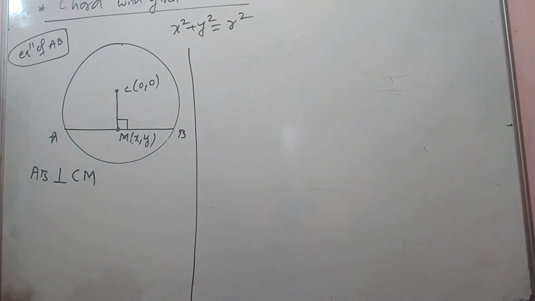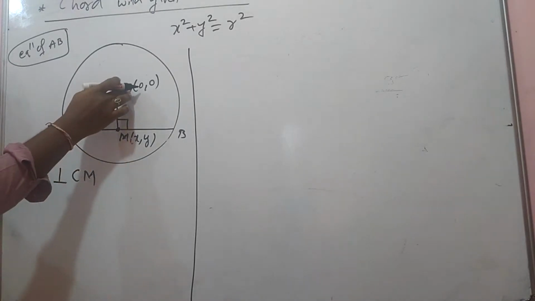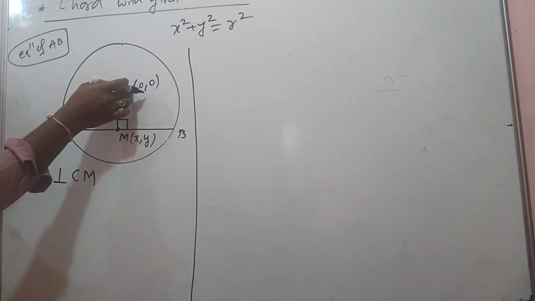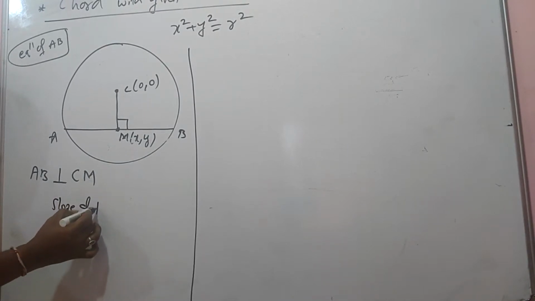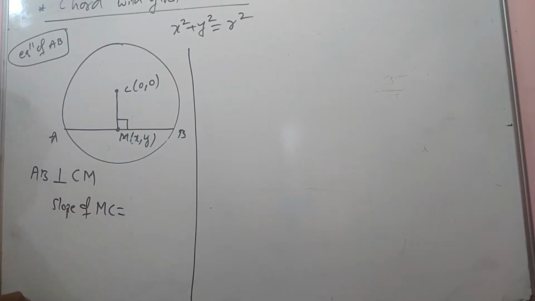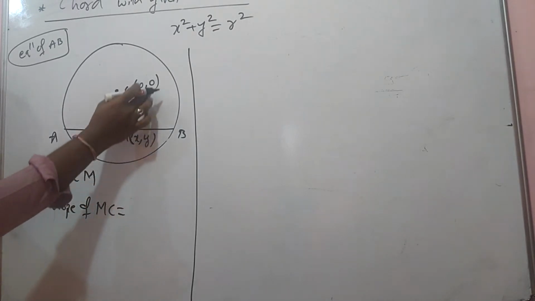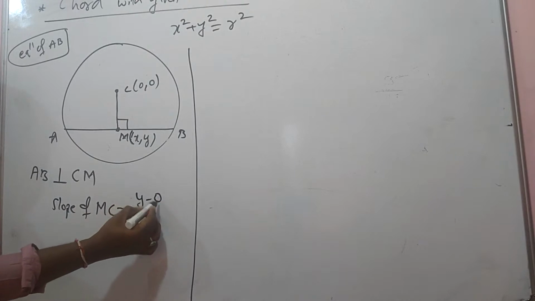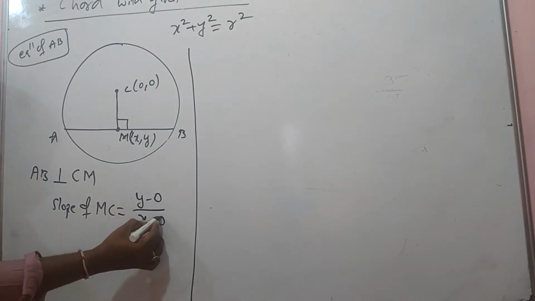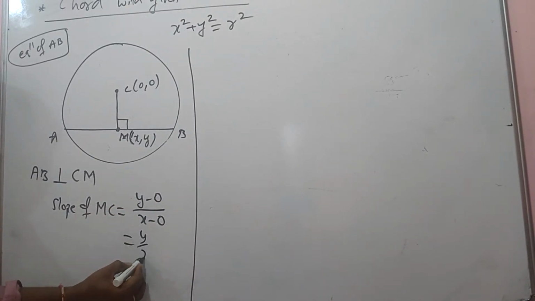That is what we are going to find. You can find the slope of CM, which is y2 minus y1 by x2 minus x1, that is y minus 0 by x minus 0. It means y by x is the slope of MC.